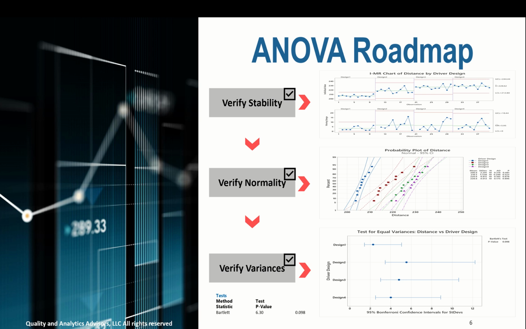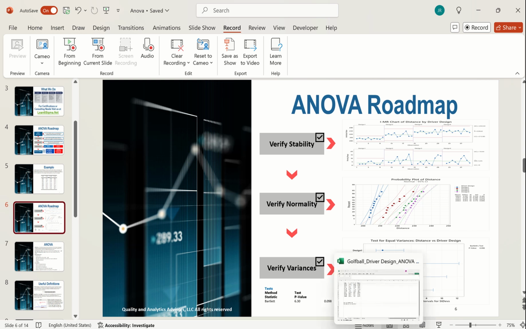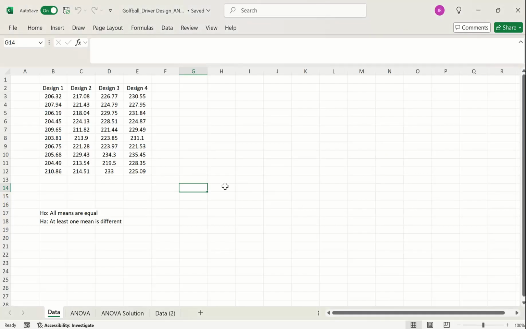So we're going to proceed to execute the analysis of variance using Excel, because the data fits those checkpoints. So here's the data. We have a design 1, a design 2, a design 3, and a design 4, and we're interested in testing whether all the means are equal versus at least one of the means is different.